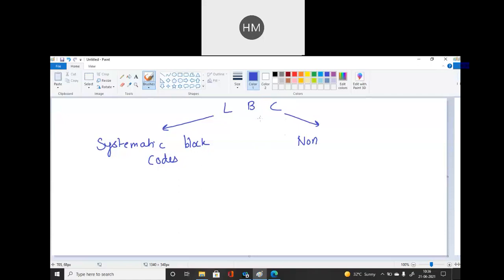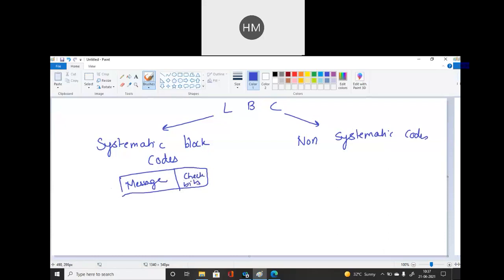So LBC, okay, you have to write LBC codes. This is a classification: systematic block codes and non-systematic block codes. Systematic block codes means there is a fixed sequence: initially there will be the message bits, the original message, and then check bits will be added.